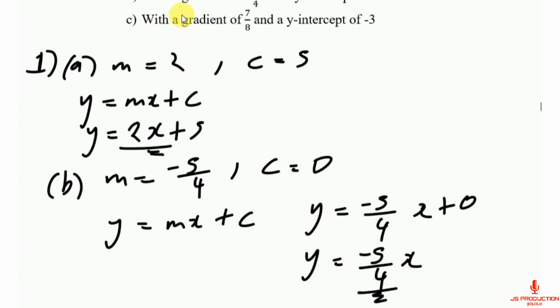What about c? C reads: with a gradient of 7 over 8 and a y-intercept of negative 3.